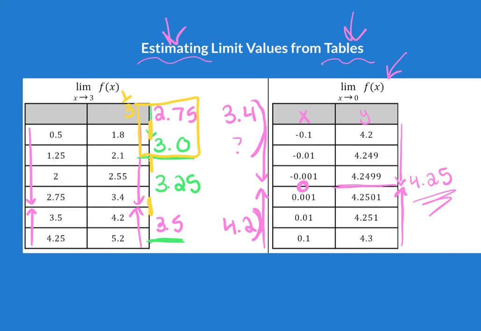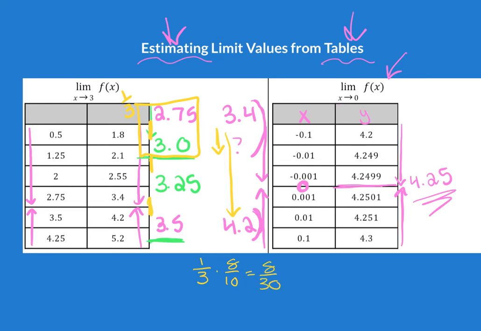So what's the change from 3.4 to 4.2? It goes up by 0.8 is the total change. So I want just 1/3 of that change. So what is 1/3 times 8/10? So that's 8/30ths.